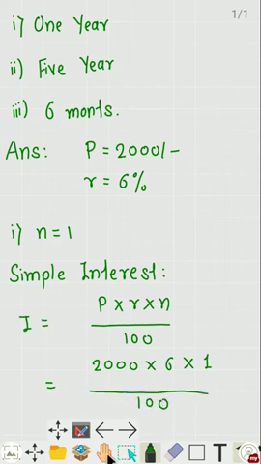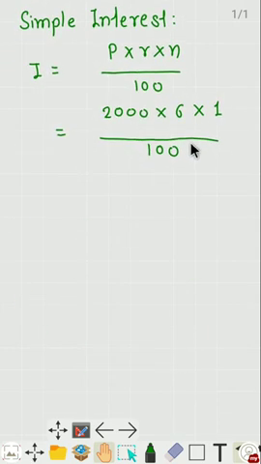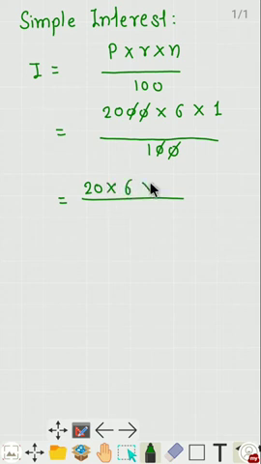Just calculate this amount. Here the two zeros will get cancelled with the two zeros. Now what is left is 20 into 6 into 1 divided by 1, so the final answer is 120.